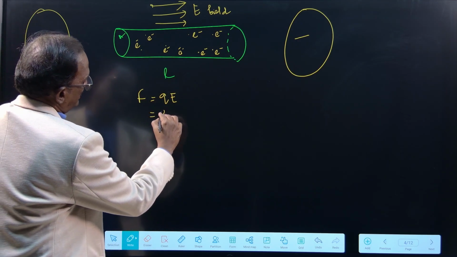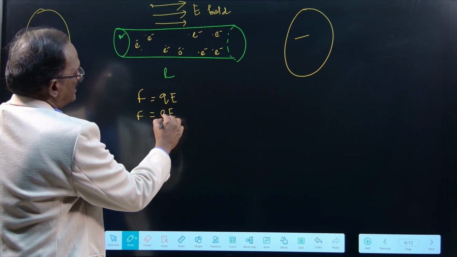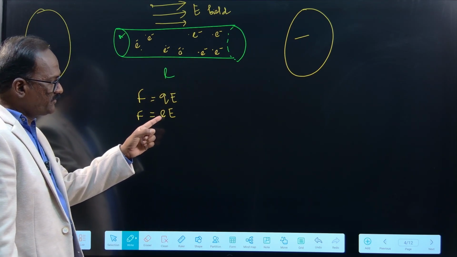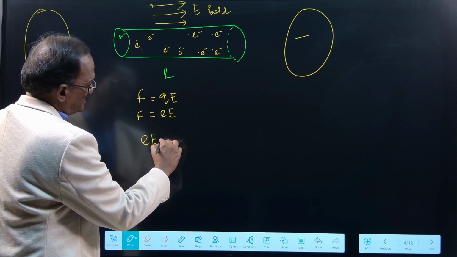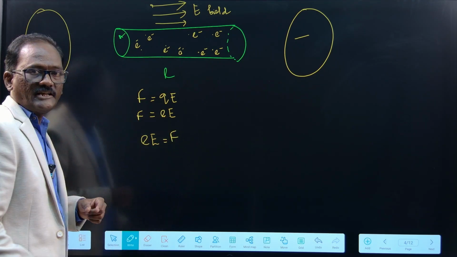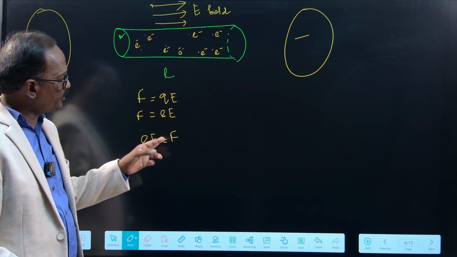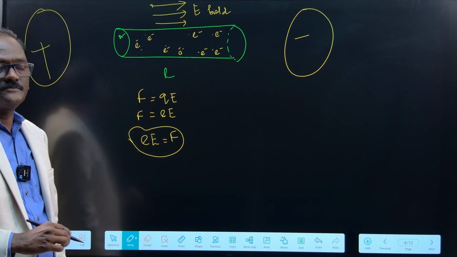In our case, it is F equals minus eE, since Q is the negative charge of the electrons. Please remember this formula. Whenever you see the two E's together in a product, you must recall the Coulomb force.